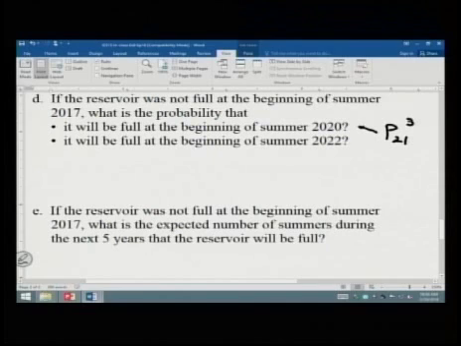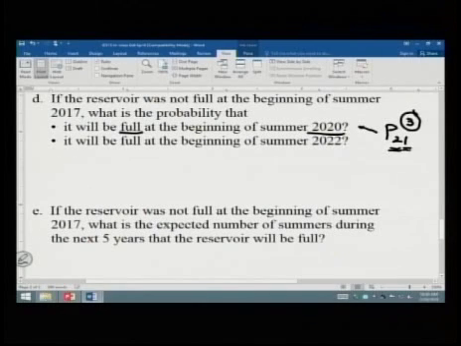Because there are 3 years difference from 2017 to 2020, you have to use the P cube matrix. Specifically, the reservoir was not full at the beginning of 2017, so you need to start with subscript number 2, and it will end up full after 3 years, so the second subscript should be 1.